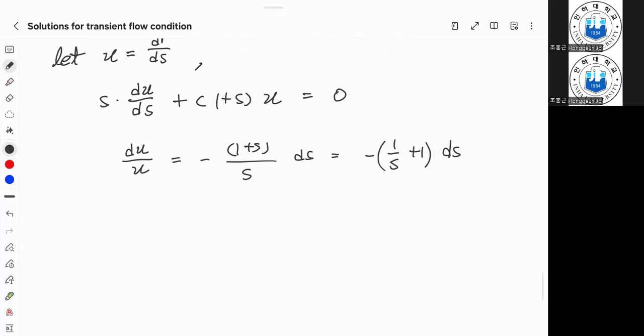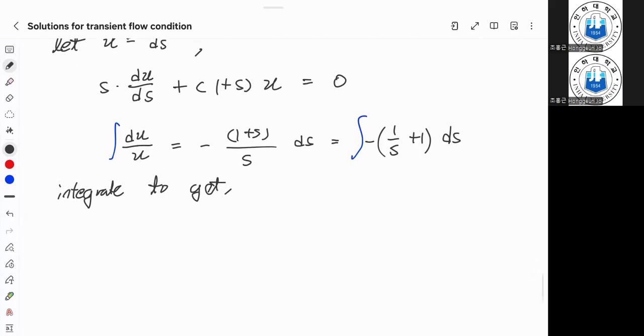Now we can take the indefinite integral on both hand sides. So ln u is equal to minus ln s minus s plus c1.